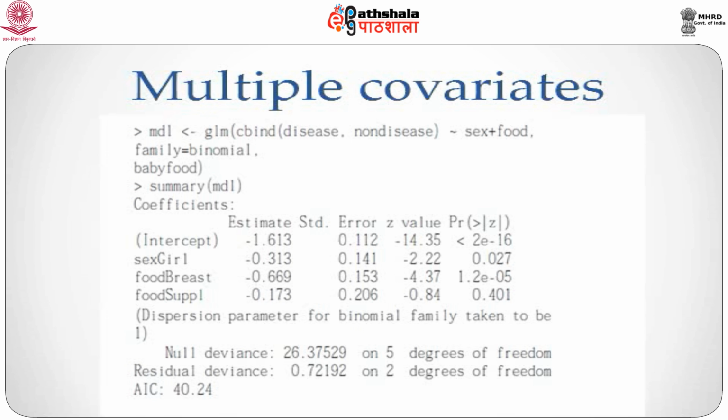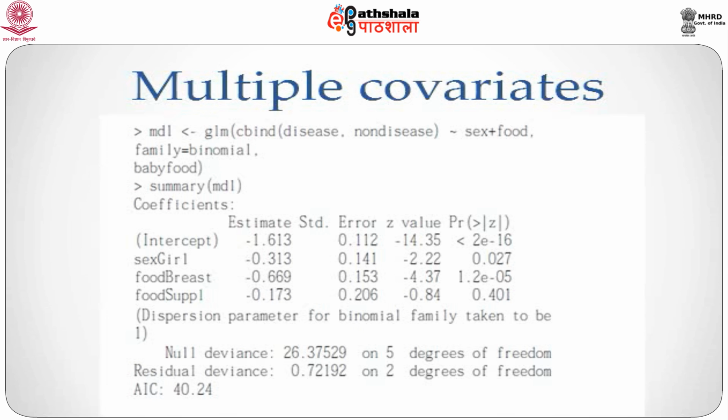Similarly, for food, the reference category is bottle feeding. Again, this has been selected alphabetically, as we have not told R to do otherwise. And we have two dummies corresponding to breastfeeding and supplementation.